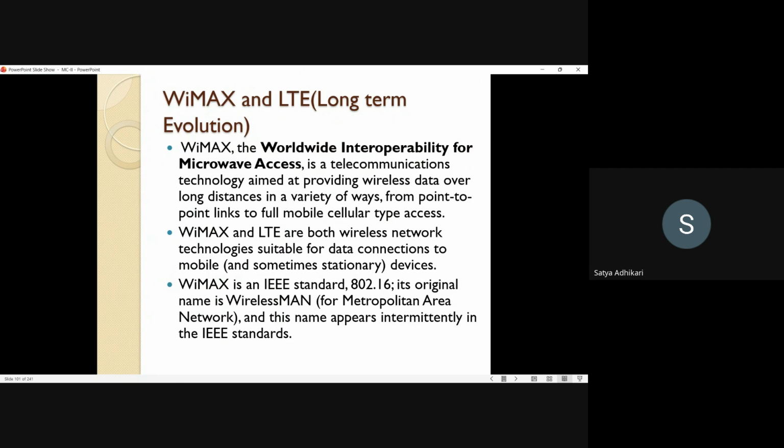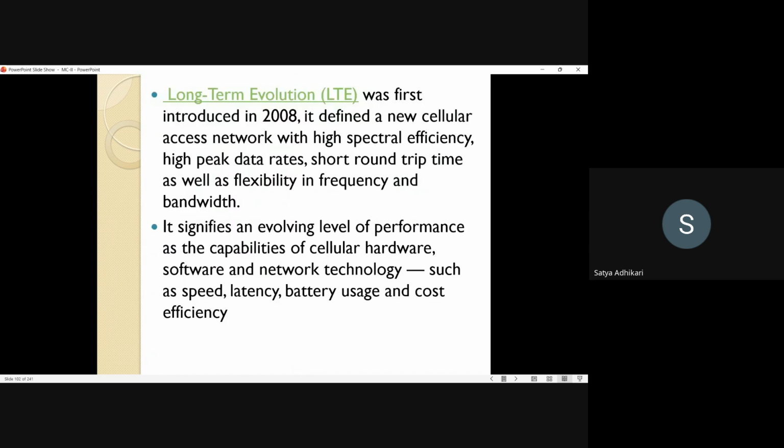WiMAX and LTE are both wireless network technologies suitable for data connection to mobile and some other devices. WiMAX is an IEEE standard, 802.16. Its original name is Wireless MAN, for Metropolitan Area Network, and this name appears intermittently in IEEE standards. So these are some technologies used for data communication.